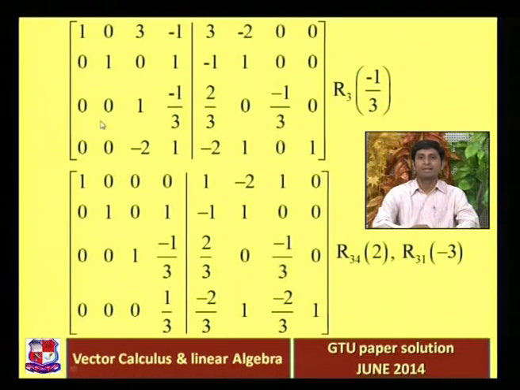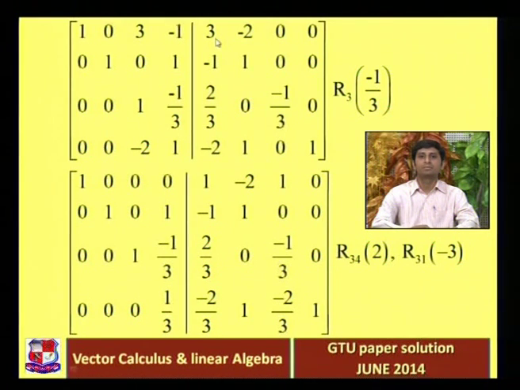Now also we are multiplying the third row with minus 3 and adding into the first row. So the first row is 1 0 0, then minus 1 plus 1, that will become 0. Okay, and then 3, we are multiplying the third row with minus 3 and adding into the first row.